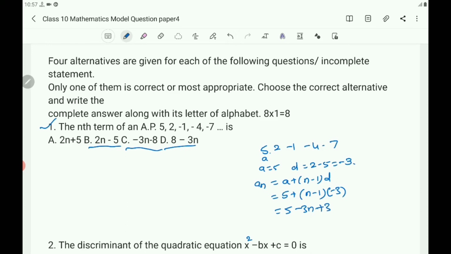So you will get 5 plus 3 is 8, 8 minus 3n. So the answer is 8 minus 3n. Here it is option D. So you write answer D, 8 minus 3n.